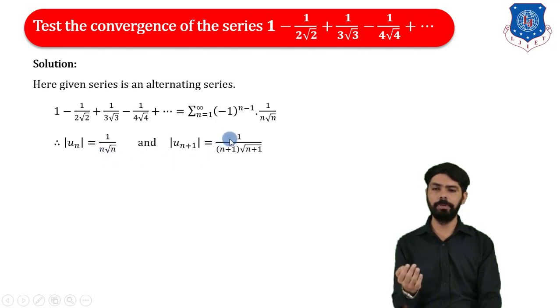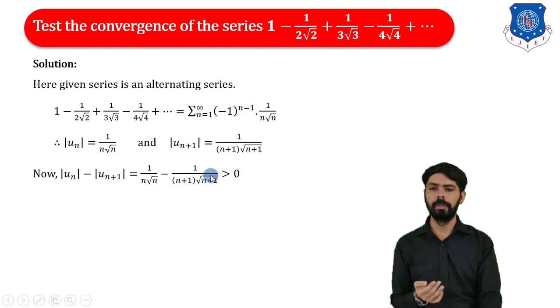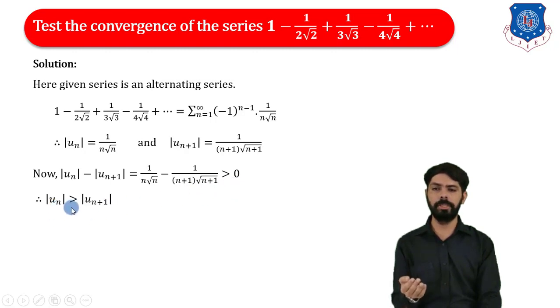So it will be 1 divided by (n+1) into root (n+1). Now we will find out modulus of u_n minus modulus of u_(n+1). So that is equal to 1 divided by n root n minus 1 divided by (n+1) into root (n+1), which is greater than 0. Therefore we can say that modulus of u_n is greater than modulus of u_(n+1).